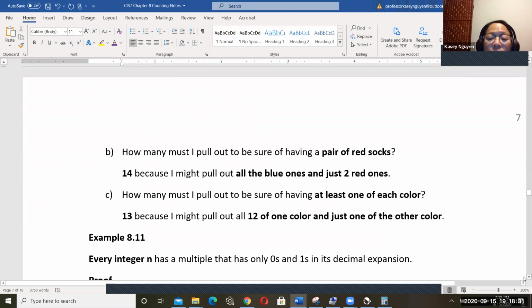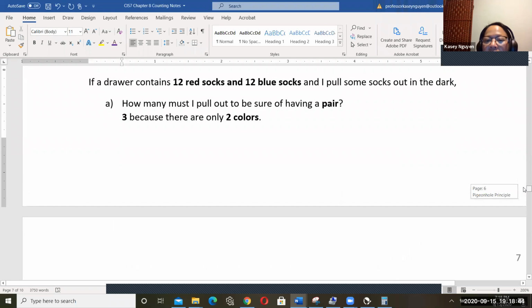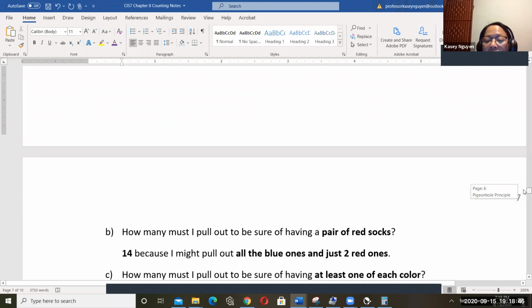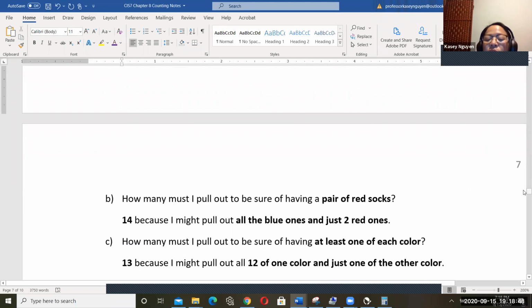Now, if I only want red socks, how many times do I have to take the socks from the drawer to get a matching pair of red socks? And recall that we have 12 blue and 12 red. So we would have to have 14, because you might have pulled all blue ones, which is 12.